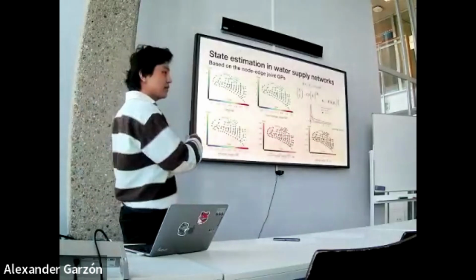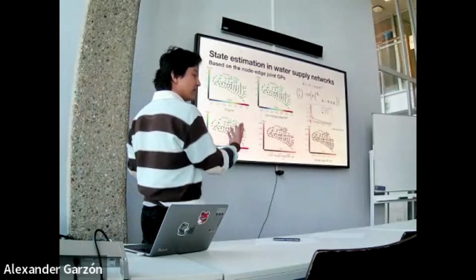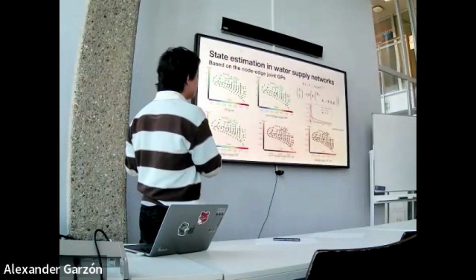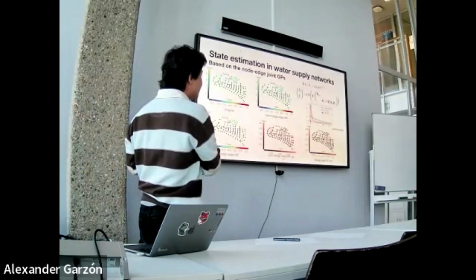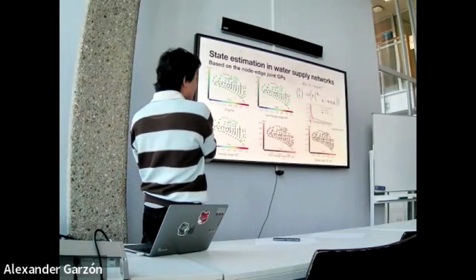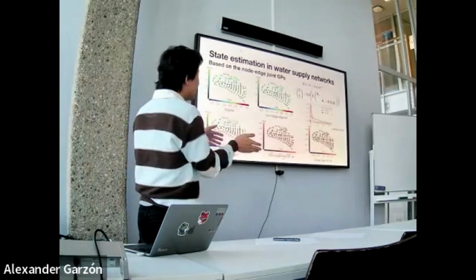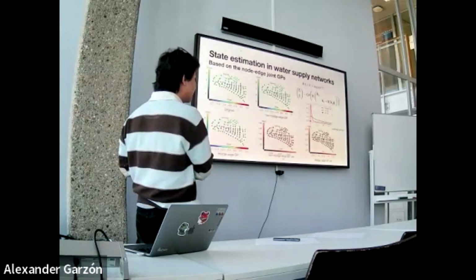The other thing is about water supply networks. They have data on nodes, they have data on edges. And they have this important equation saying that the edge data is really related to the gradient of the node data.